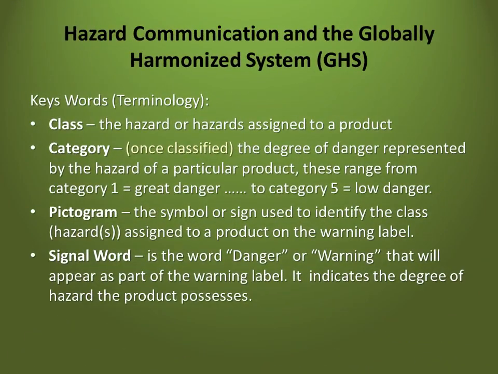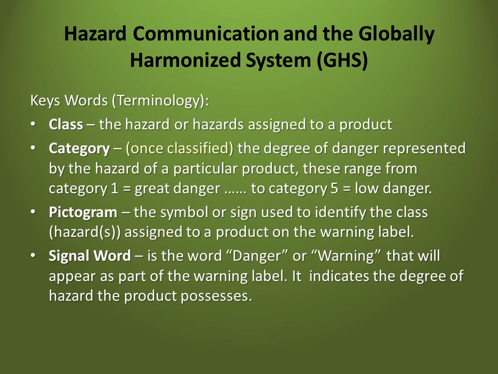Here are a few key words when relating to hazard communication and the globally harmonized system. Class, the hazard or hazards assigned to a product. Category, once classified, the degree of danger represented by the hazard of a particular product. These ratings range from Category 1, Great Danger, to Category 5, Low Danger.